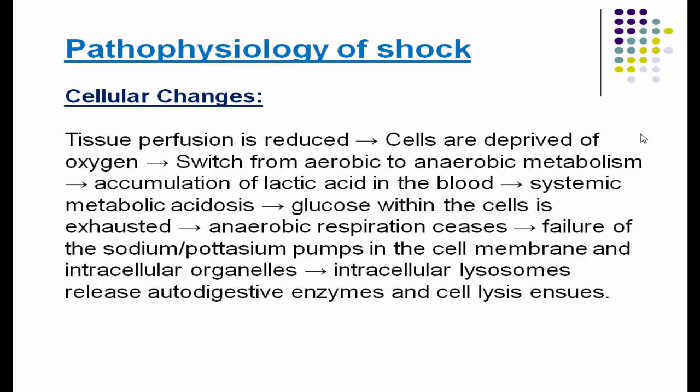Glucose within the cell is exhausted. Anaerobic respiration ceases. Failure of the sodium-potassium pumps in the cell's membrane and intracellular organelles. Intracellular lysosomes release autodigestive enzymes and cell lysis ensues.